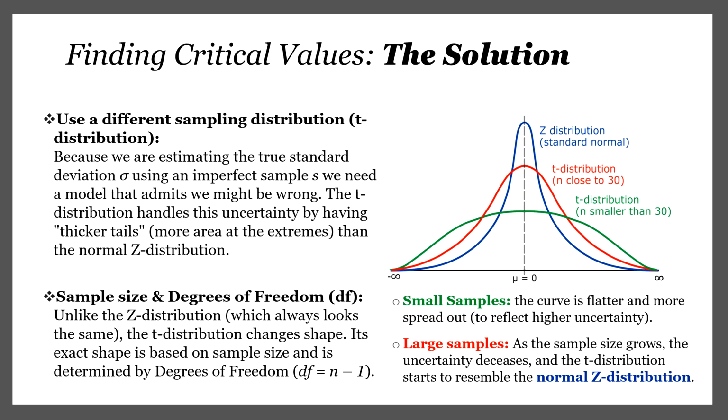The solution that we're going to employ is to use a different distribution for the sampling distribution, called a t distribution. The t distribution allows us to compensate for the greater uncertainty that arises when we use S, the sample standard deviation, to estimate sigma, the population standard deviation.